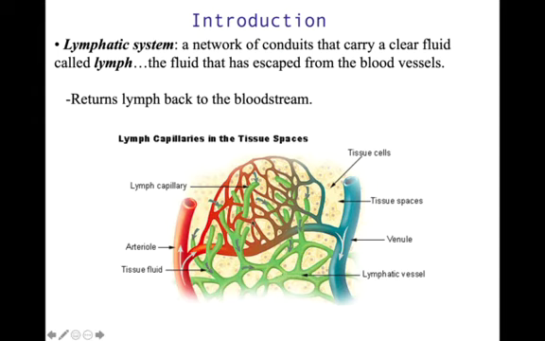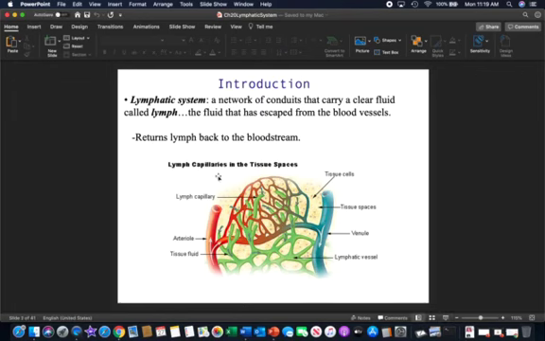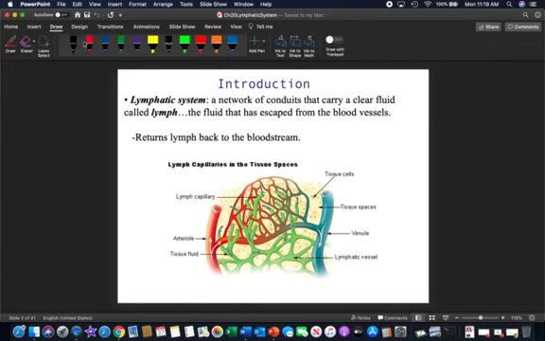Because of the buildup of hydrostatic pressure, water tends to filter out on the arterial side of a capillary. What typically happens, though, is that we see water re-entering on the venule side.